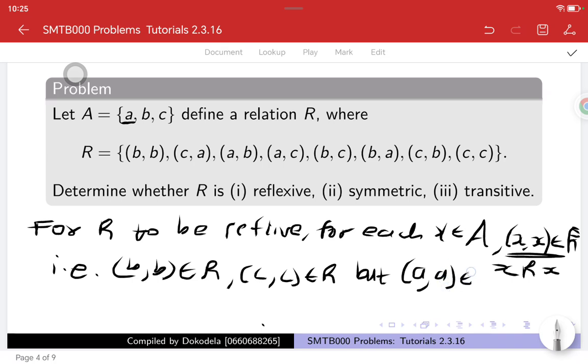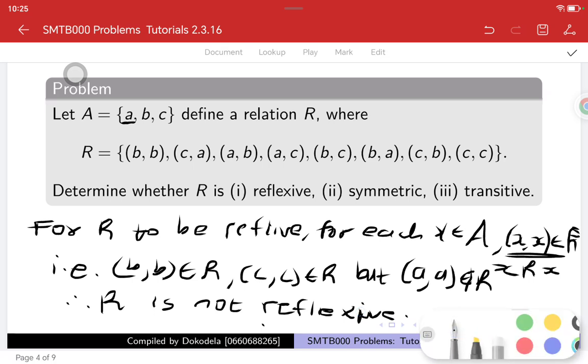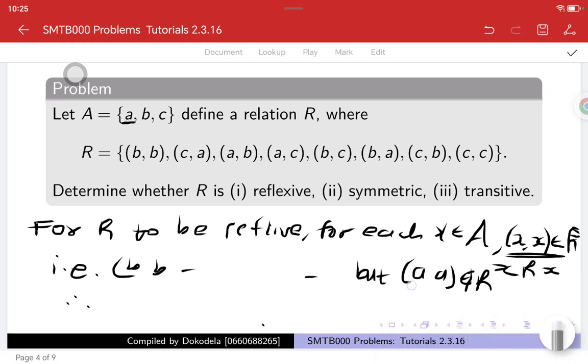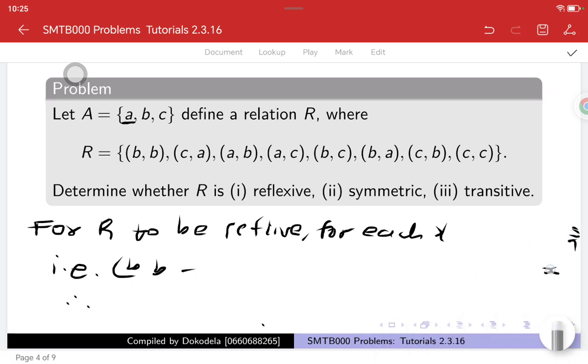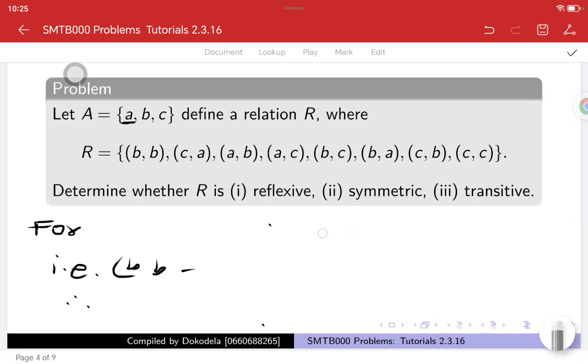That's why this relation cannot be reflexive. Yes, I understand. So now we can go to the other problem.